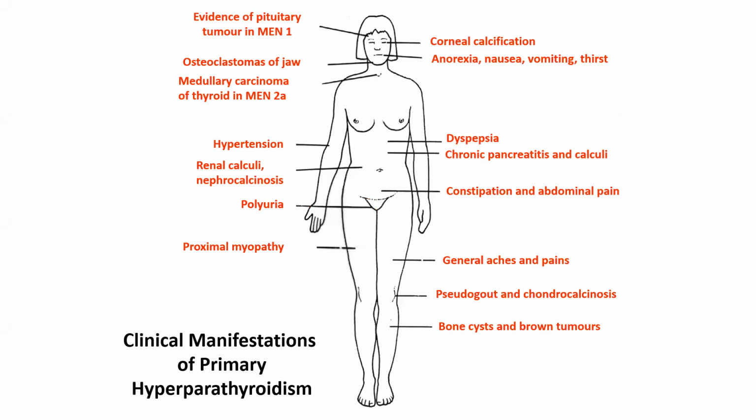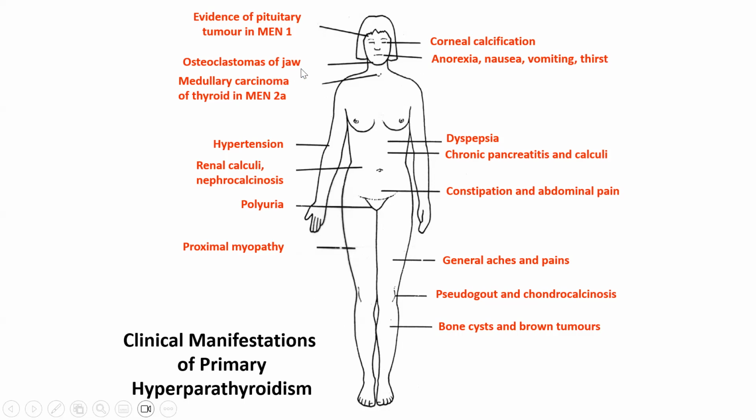Now, hyperparathyroidism. On this slide, you can see all the clinical manifestations of primary hyperparathyroidism. Usually, the patient has general aches and pains with pseudogout and chondrocalcinosis, some bone cysts and brown tumors, proximal myopathy, polyuria, renal calculi and nephrocalcinosis, constipation, abdominal pain, chronic pancreatitis even, and calculi, dyspepsia, hypertension, osteoclastomas of the jaw.